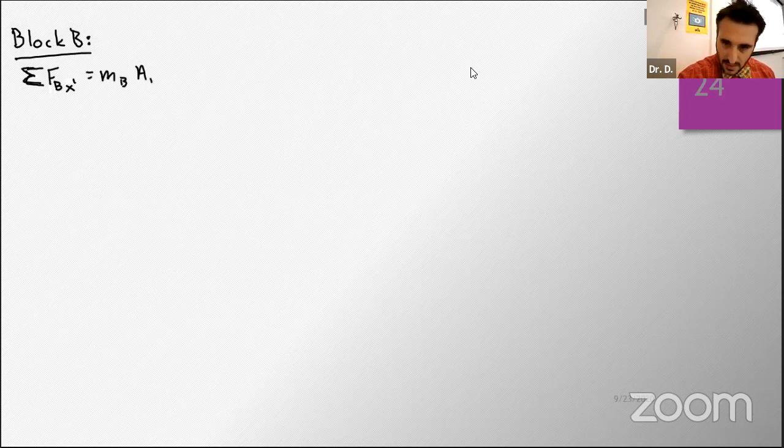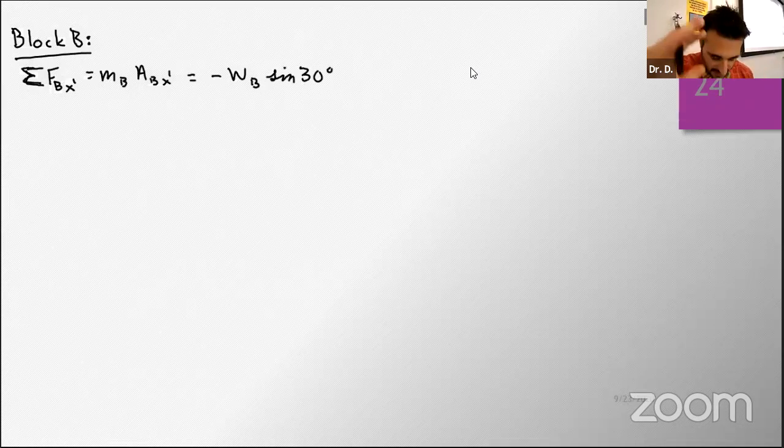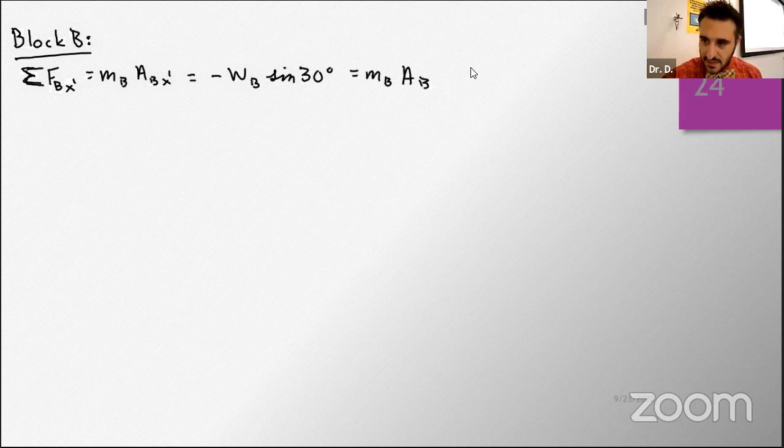The sum of my forces is just negative weight times the sine of 30 degrees, because I tilted it, is equal to the mass of B times a B x prime.